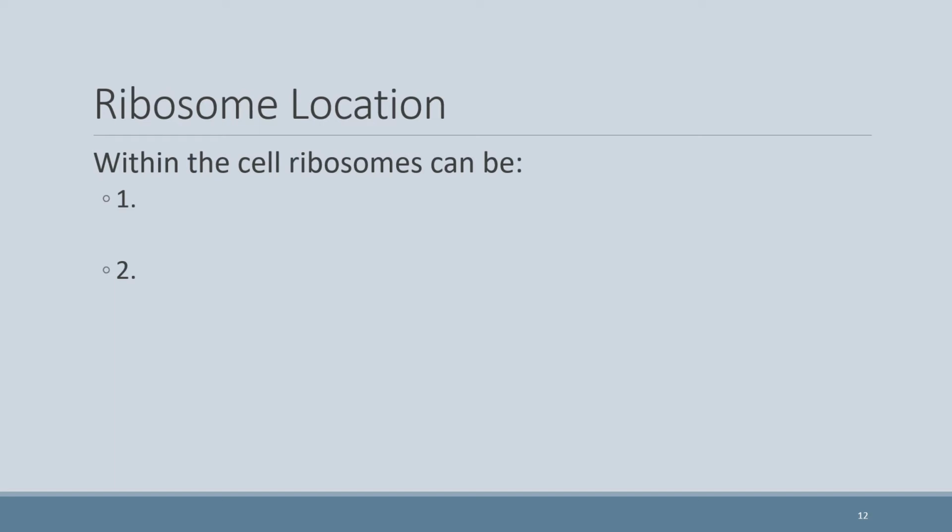So they could be released from outside of the cell if needed. So these are going to produce proteins that will be a part of the cell membrane, or those that will be released into the world, exported.